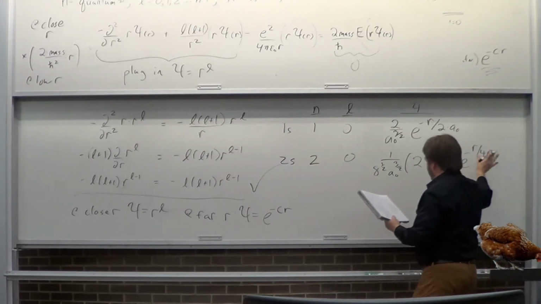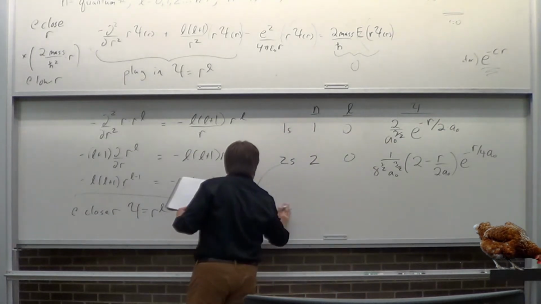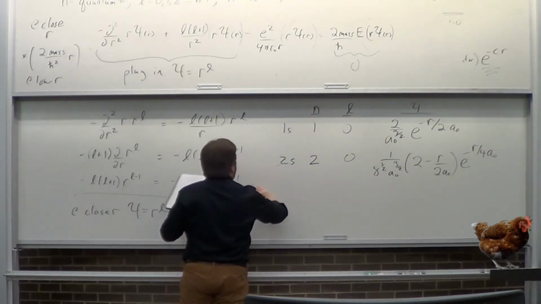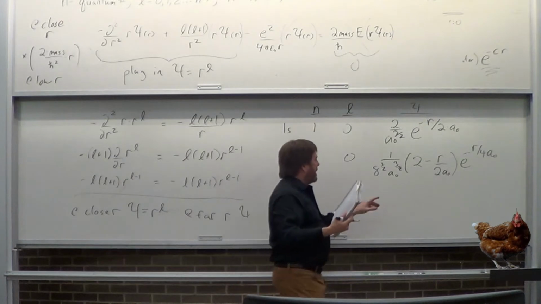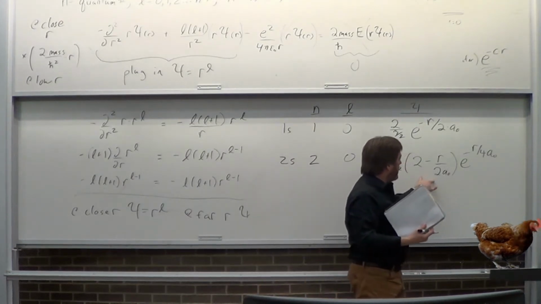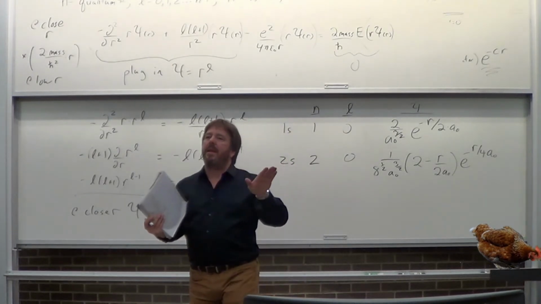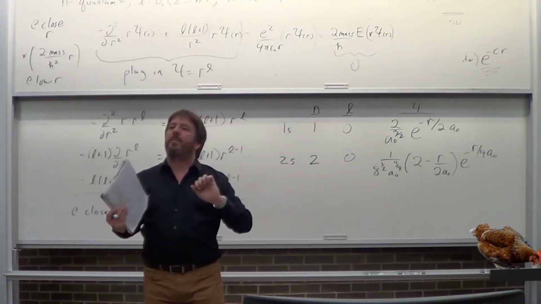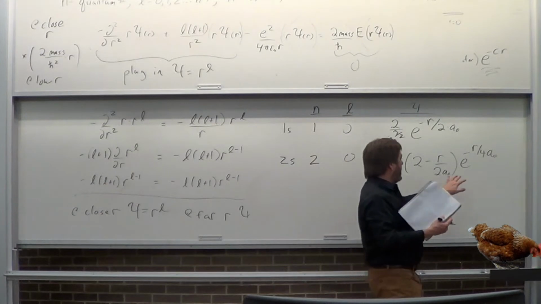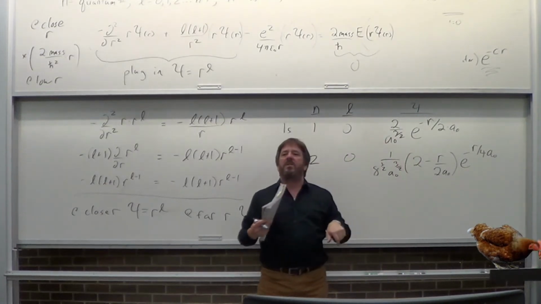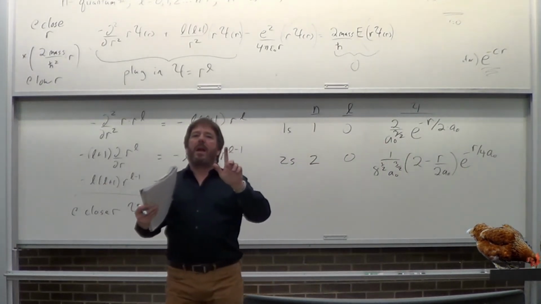Not a big deal, I just don't want you to think it's a typo. So that little spacer here creates nodes. We've seen that kind of behavior before. You saw that in vibrational wave functions. There's a little term in front of the exponential part that introduced nodes. You're seeing that again.